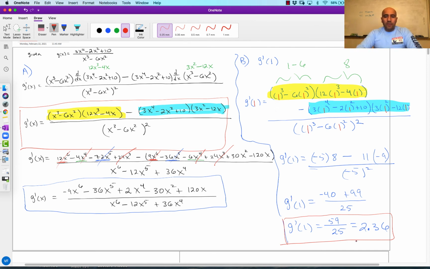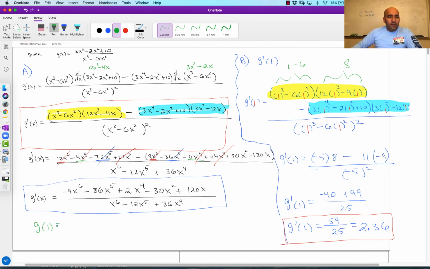So let's think about what that means. Here is our g of x function. If we graphed it, and then we found a point on this graph that corresponds to an input value of 1. Let's find g of 1.